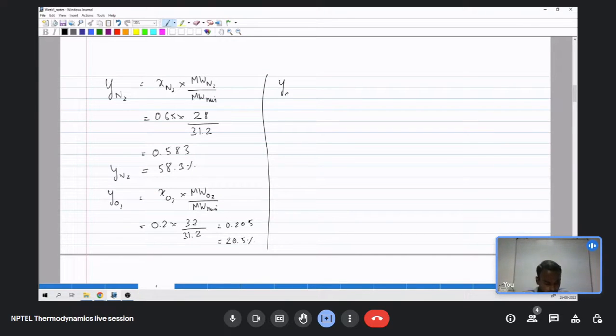Now I can calculate mass fraction of carbon dioxide, which is molar fraction of carbon dioxide into molecular weight of carbon dioxide divided by molecular weight of the mixture. So this is 0.15 into 44 by 31.2.